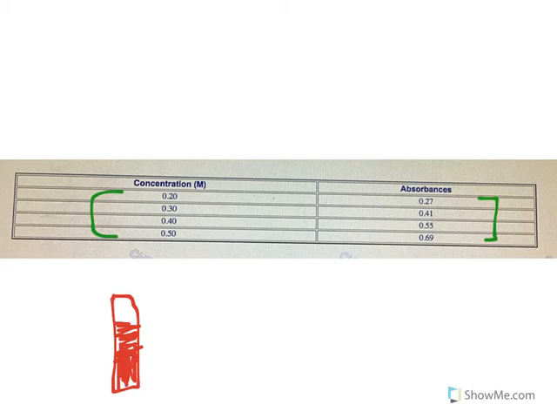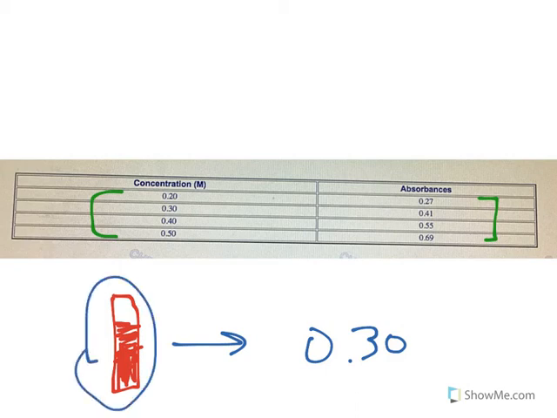And let's say that our spectrophotometer gave us an absorbance reading of 0.30. Now, from this data, we can conclude that the concentration of this unknown solution must be between 0.2 and 0.3 because its absorbance is between 0.27 and 0.41.